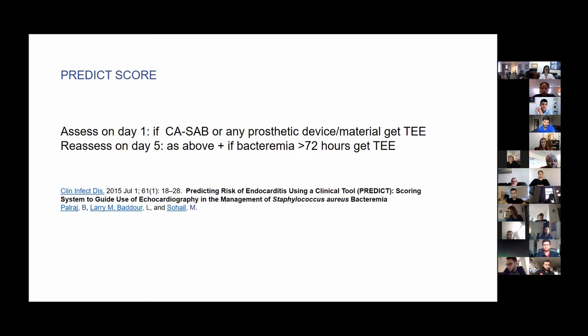He's basically also telling you, if you have community acquired or any prosthetic device, get a TEE. And this one is simple, and then, you know, reassess them several days later. If they're still positive bacteremia, get a TEE. So I think this one is quite useful and quite straightforward.